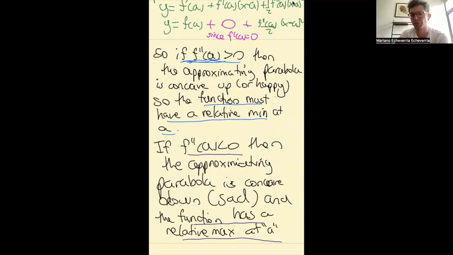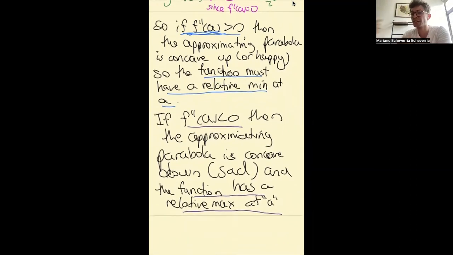It tells you that if you want to know if something is a max or a min, you look at the second derivative at that critical point, and the sign of the second derivative tells you whether you get a max or a min. So it doesn't require you to analyze whether the first derivative changes from positive to negative or backwards. Is that okay? You'll see it's a very useful way to check for max or min. In many ways it's very fast, a lot faster compared to the previous method.